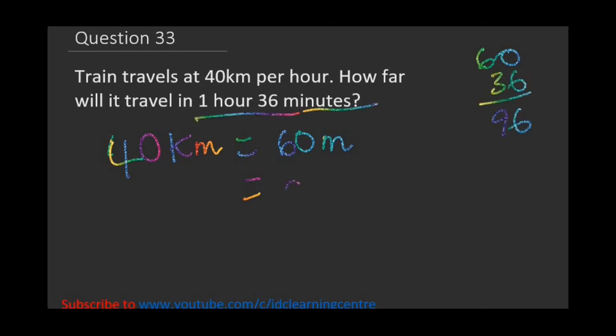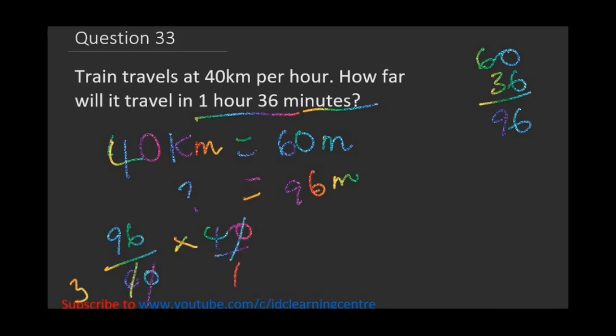How far? If 40 kilometers is equal to 60 minutes, 96 minutes will definitely be more, if more, less under. You have 96 over 60 times 40 over 1. 0 cancels 0. 2 here 3. 2 here 2. 3 here 1. 3 here 32. 32 times 2. My answer will be 64 kilometers.